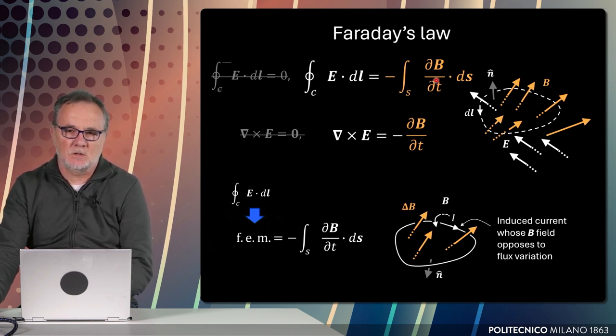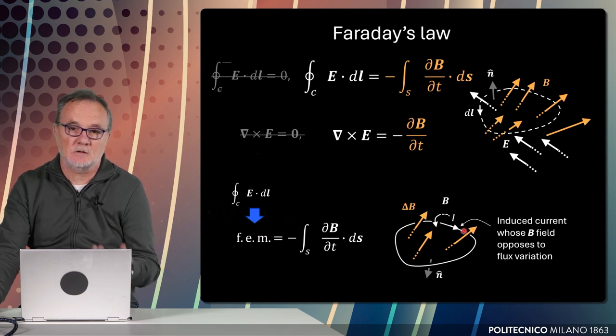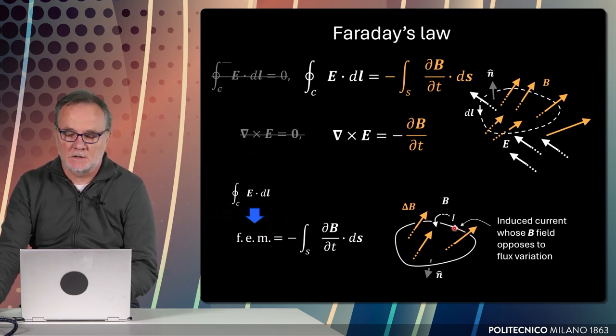This equation, Faraday's law, tells us that there is an electromotive force, a voltage difference, we can say, in this wire that produces a flow of current due to the time variation of the flux of B on the surface. Now, the effect of this current is to produce another B field that opposes the flux variation of B, so that, as you see, we have a flux variation, delta B, which is oriented like in this picture. We have a current produced by delta B as an effect of the electromotive force, and we have another B field produced by I, the current, that opposes this flux variation.